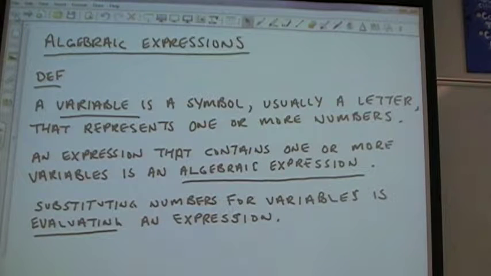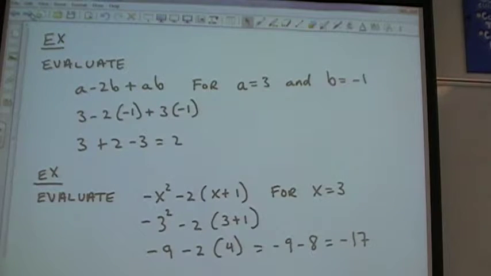And the last definition, substituting numbers for variables is evaluating an expression. And that's what we're going to do in the first example you'll see. Here, evaluate.